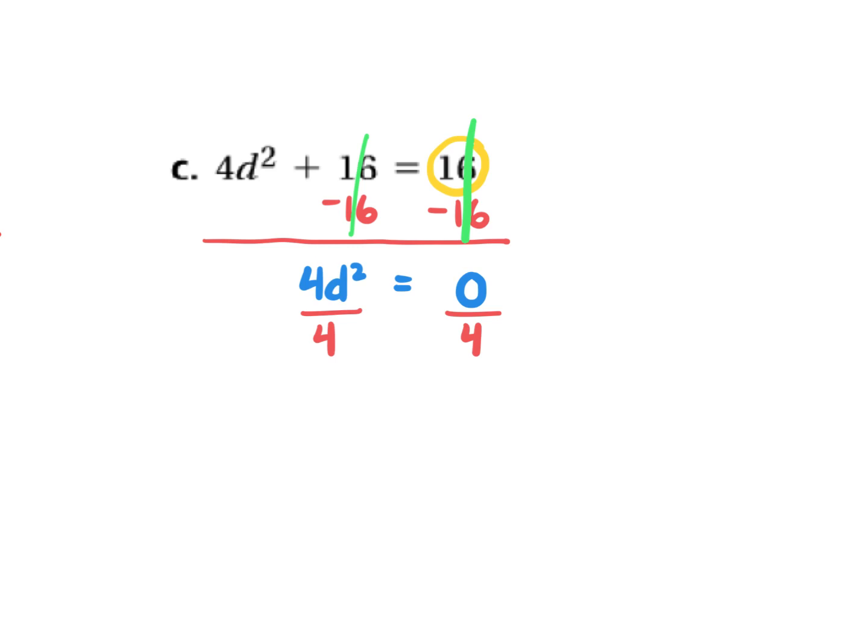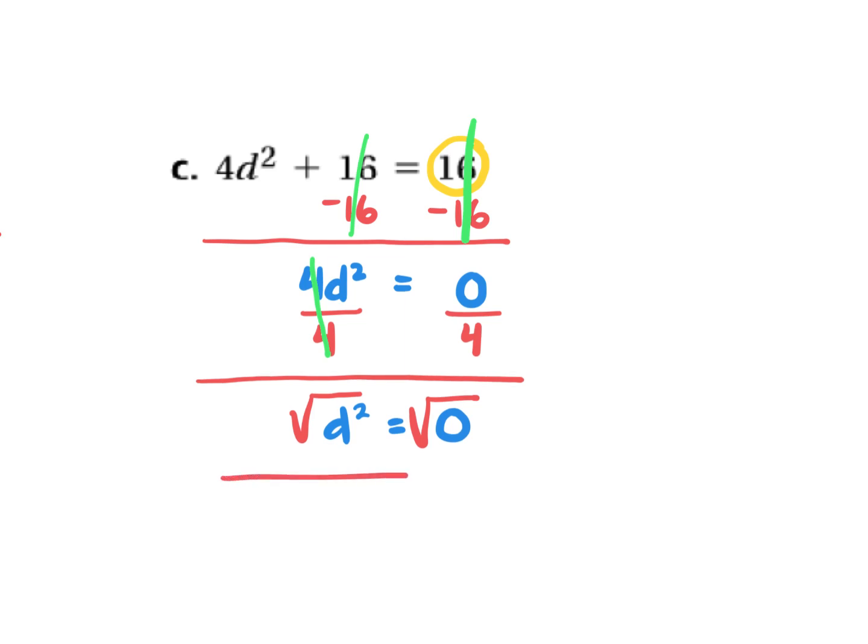And so the top 4 and the bottom 4 reduce each other. And that would leave me with d squared by itself. And then 0 divided by 4 is still 0. Now I want to get rid of the square, so I'm going to use a square root. And I do it on both sides. That will give me d by itself.